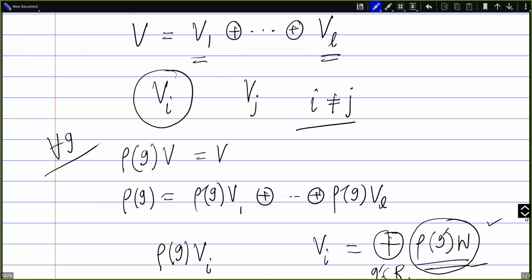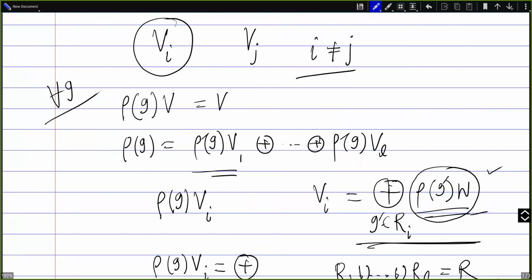Thus, our situation is now very interesting. We know that each rho g Vi is a direct sum of isomorphic subrepresentations, and no component of rho g Vi is going to be isomorphic to any component of the other rho g Vj's.